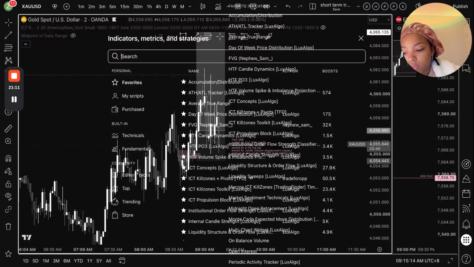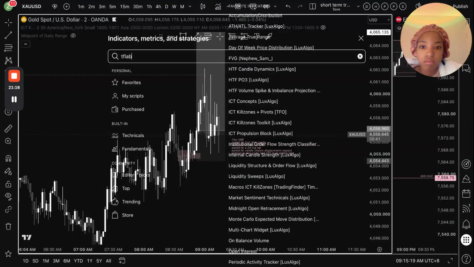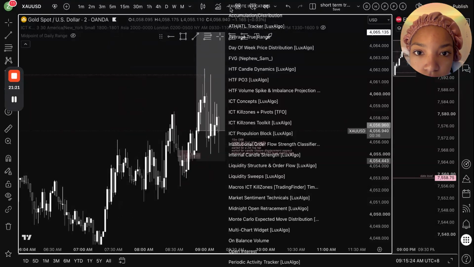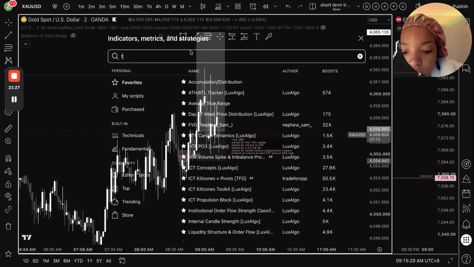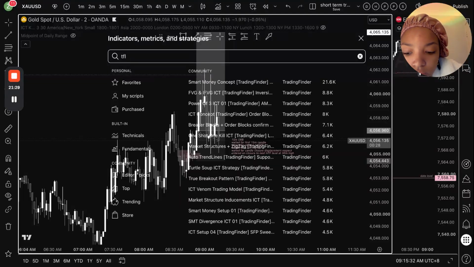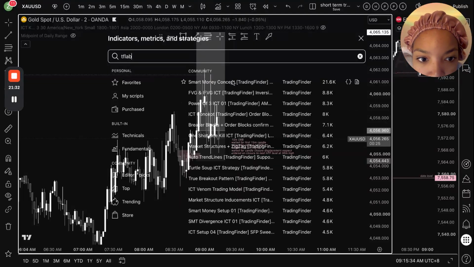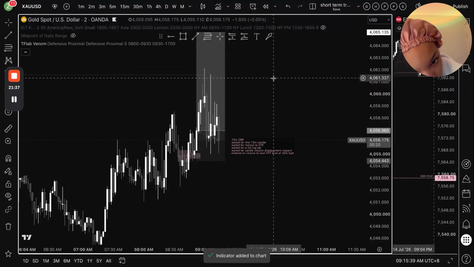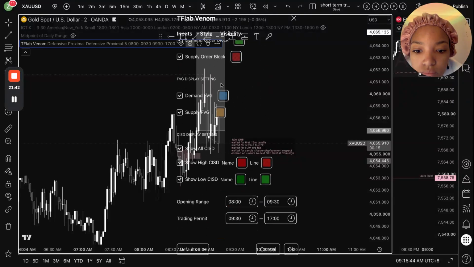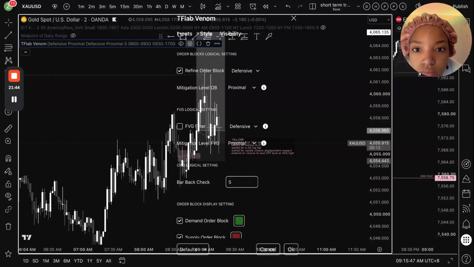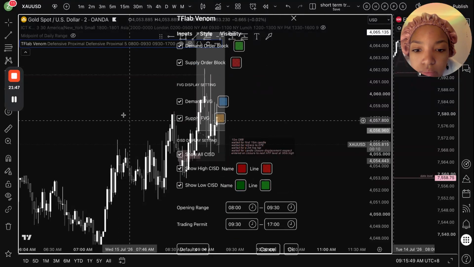Looks like it's about to hit stop loss. Wait.